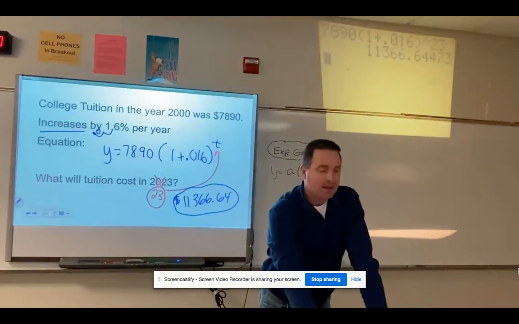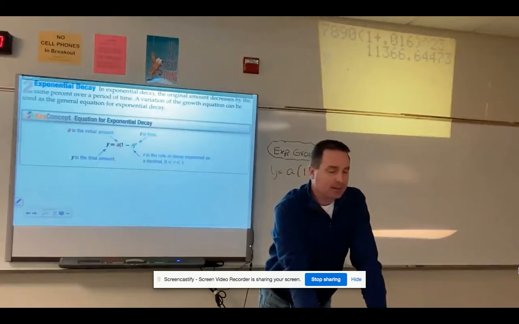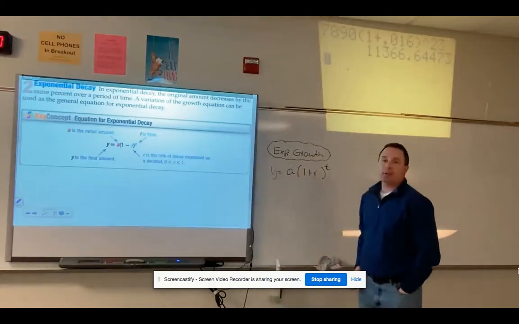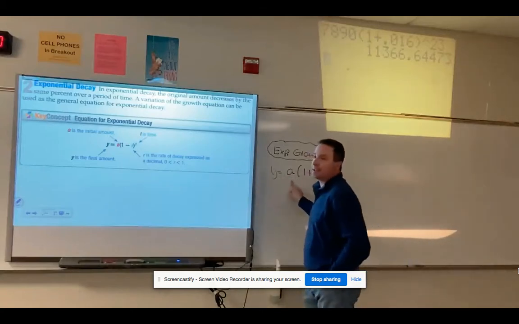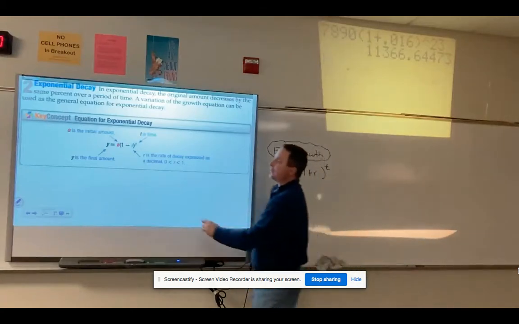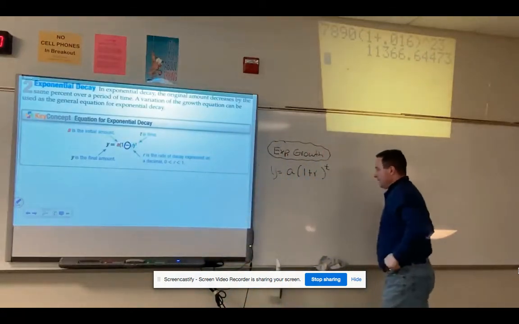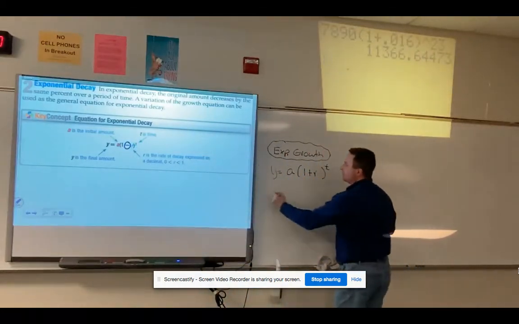All right, next off, we're going to look at exponential decay. And if you can read that or not, but it's very, very similar. It's exactly the same equation as exponential growth. The only difference is there's a minus sign here in the middle. I'm going to write that one over here also for exponential decay.